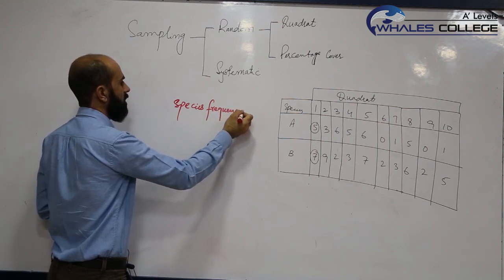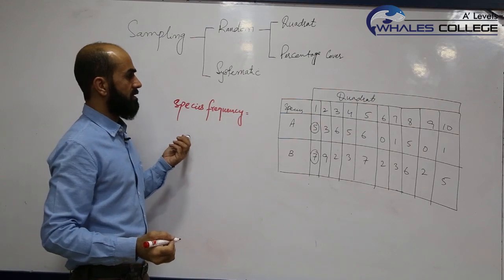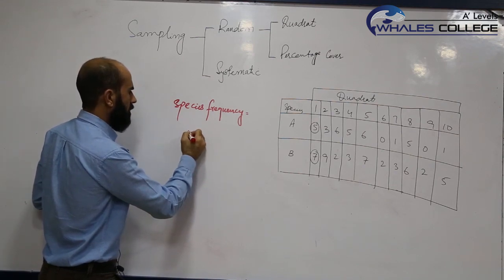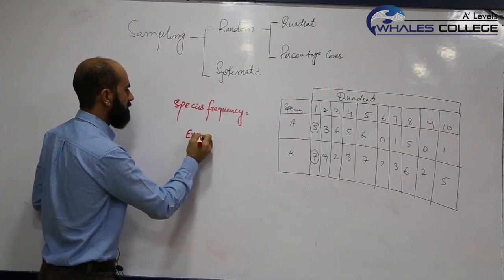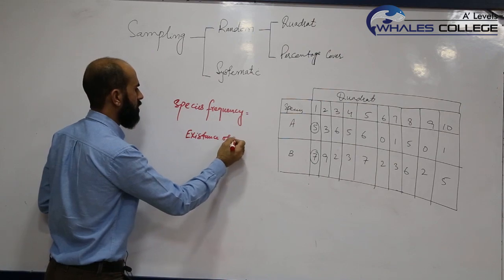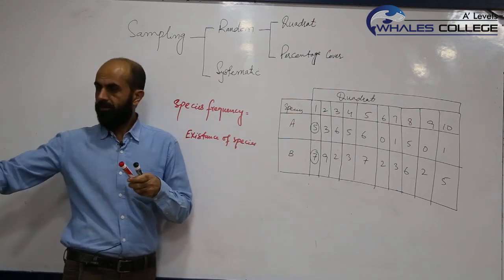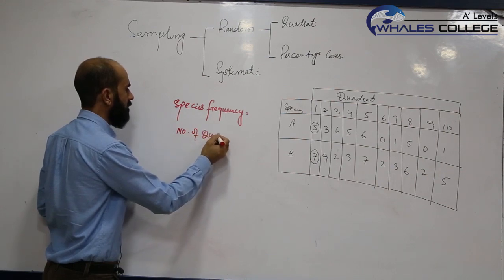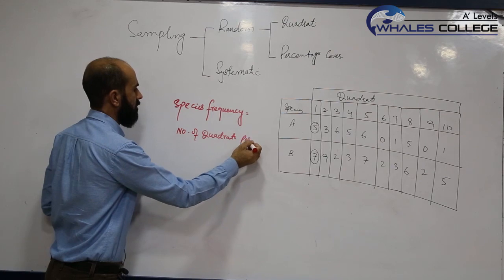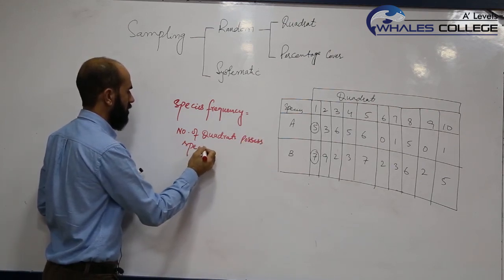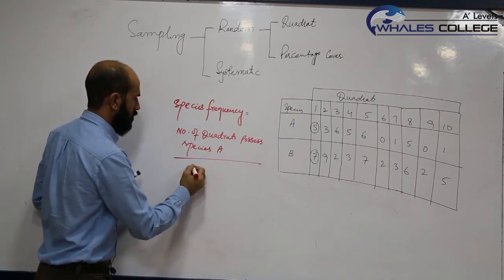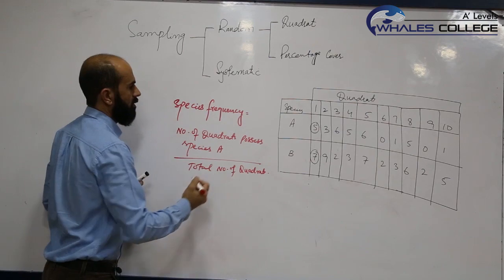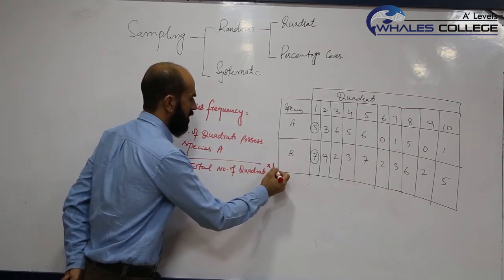The formula for species frequency is the number of quadrates that possess species A upon the total number of quadrates, and then it should be taken as a percentage, multiplied by 100 as well.